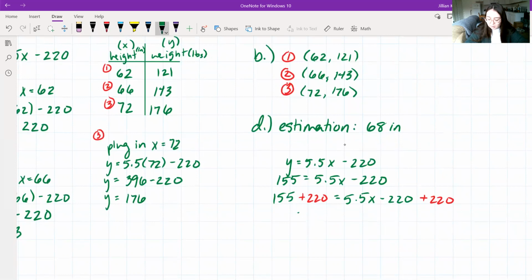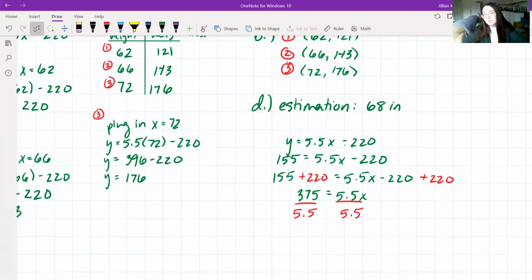Adding these values together, we get 375 is equal to 5.5 times x. So we divide by 5.5, which in this case, using a calculator, we can divide out, and we get 68.18 is equal to x.